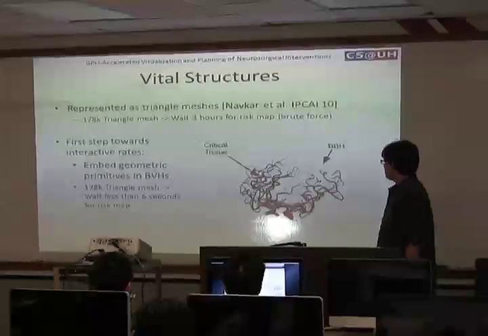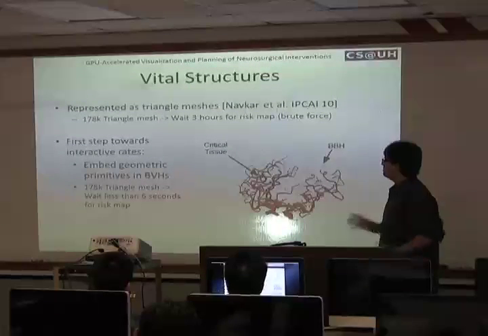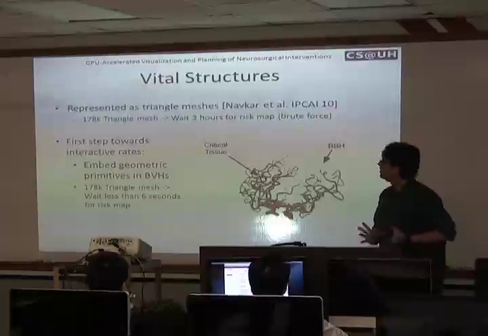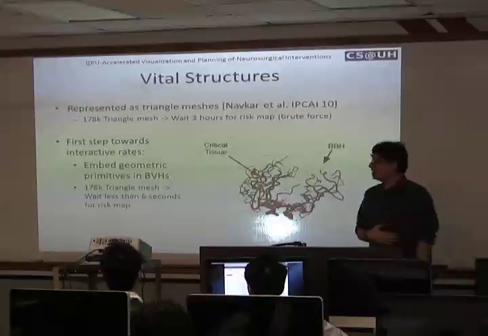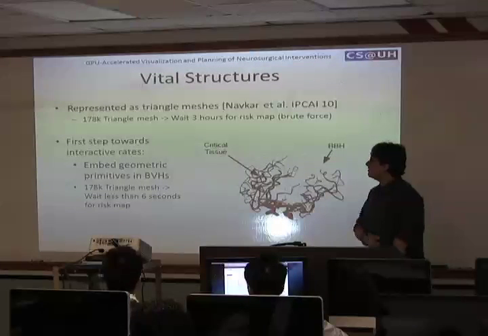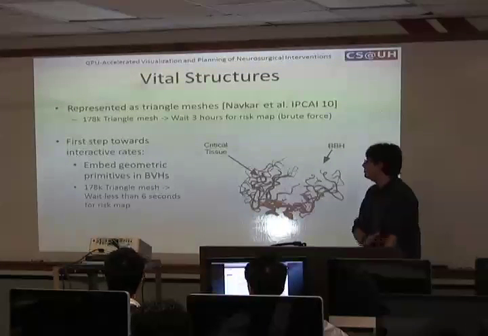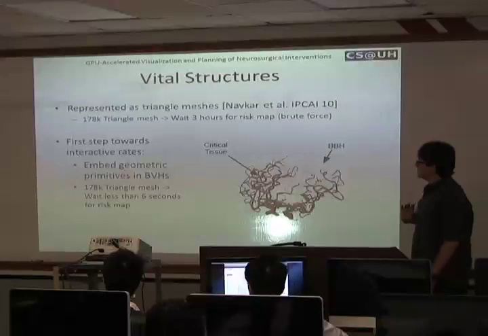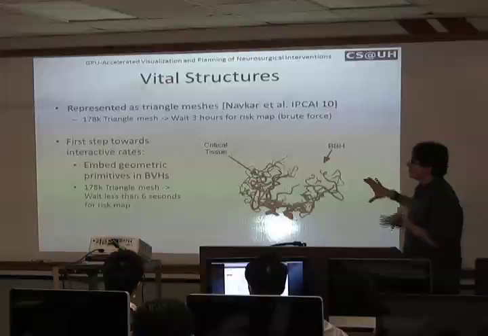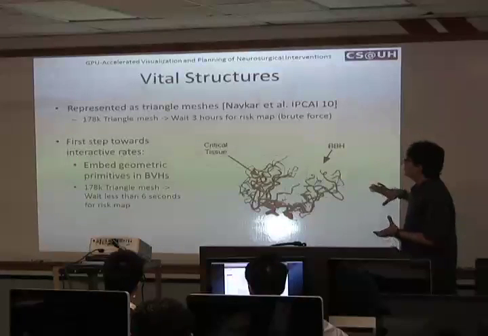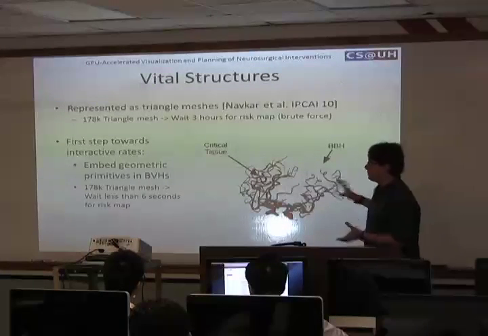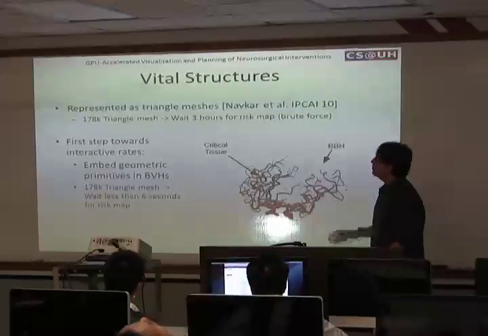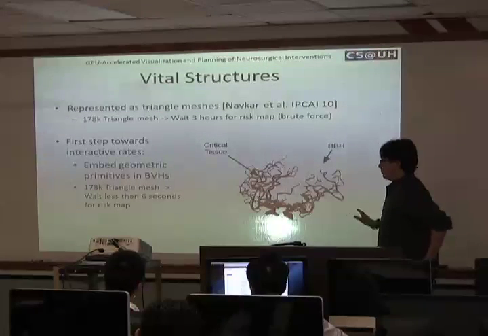We achieve interactive rates by basically doing two things: using acceleration structures and using some techniques from our GPU bag of tricks. First, we represent the white matter structure, vessels, and surface of the head as meshes segmented from images, and we embed them into a bounding volume hierarchy.